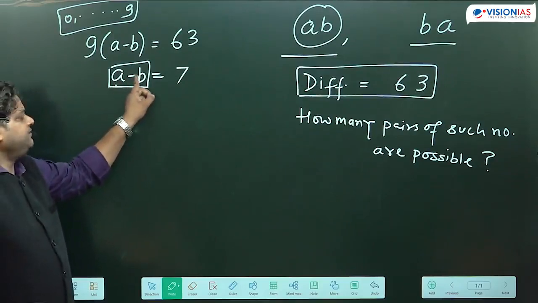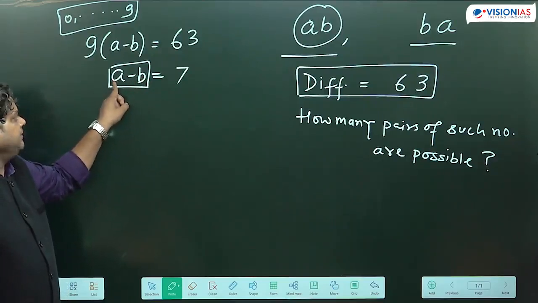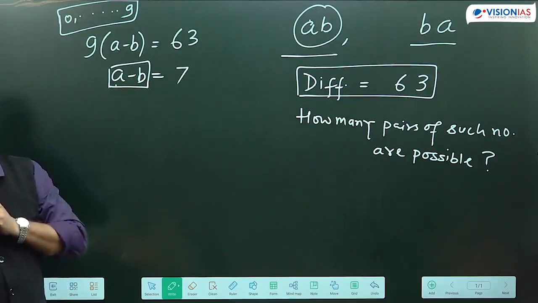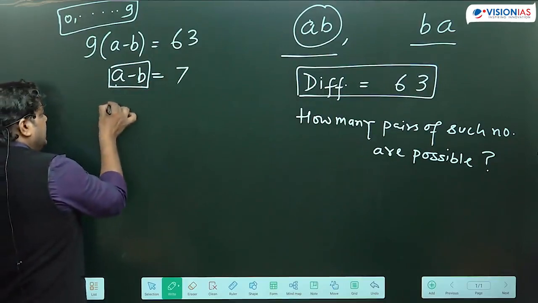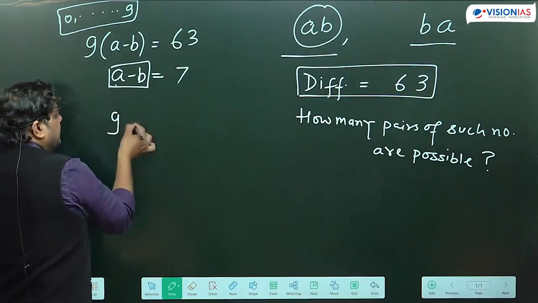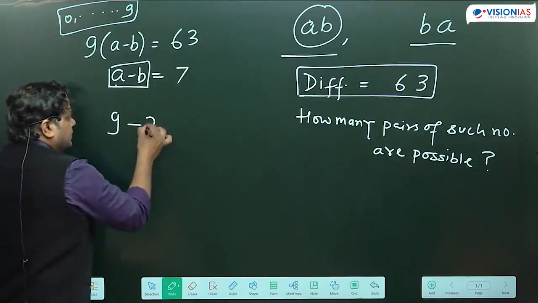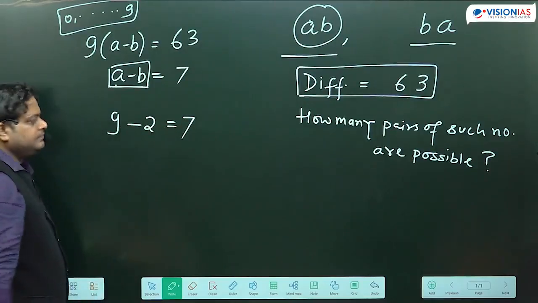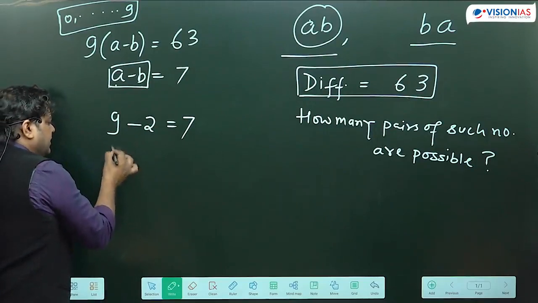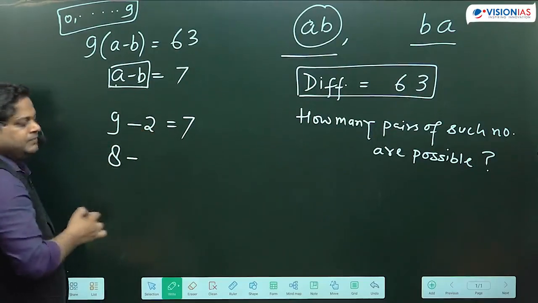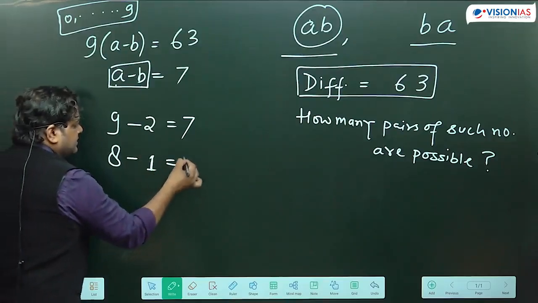So what possible values can we take for a and b? We are subtracting b from a. The maximum value we can take for a is 9. If we take a as 9, then b will be 2, only then we can get 7. If I take a as 8, b is 1, only then we can get 7.